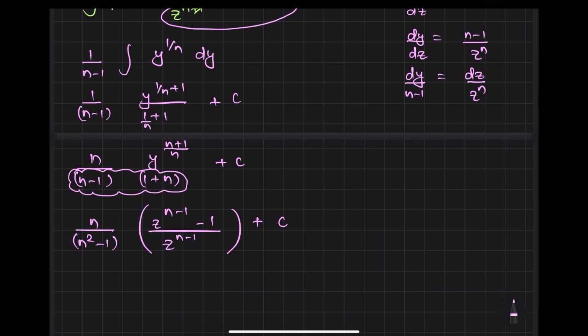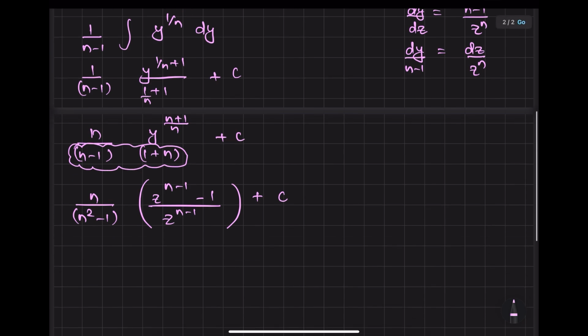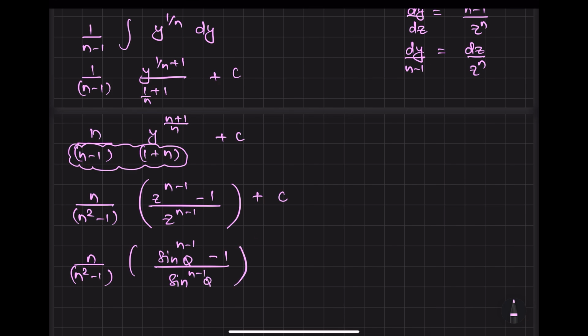So it is n by (n square minus 1), and then (sine theta^(n-1) minus 1) upon, acha we missed power, sine^(n-1) theta, and the power is (n plus 1) by n, plus integration constant c. So this is your final answer.